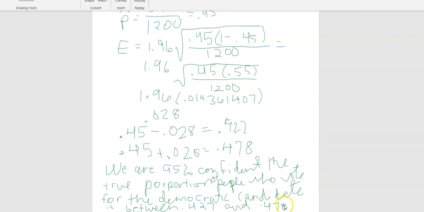Now, many times when things involving proportion are reported to people, they're reported as percentages. So we could likewise say we are 95% confident the true percentage of people who vote for the Democratic candidate is between 42.7% and 47.8%. So a proportion can very quickly be changed over to a percentage.